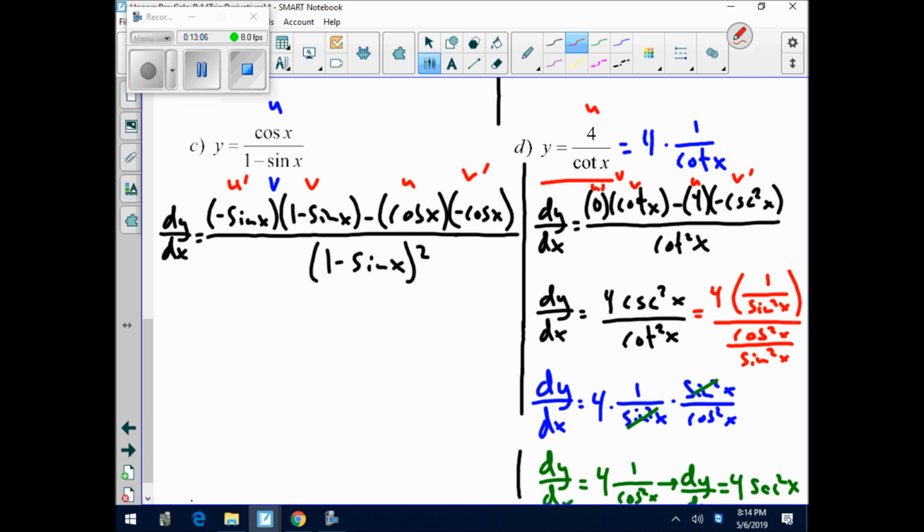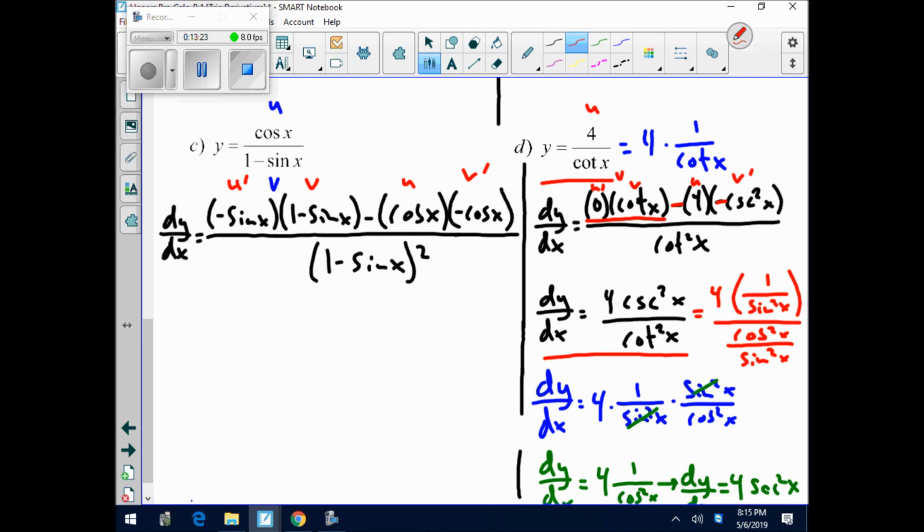And of course, this 0 times cotan becomes a 0 term, and our negatives cancel out, so we can think about this as 4 cosecant squared x over cotan squared x, and that would be good enough for the derivative. But we can also do more simplifying.